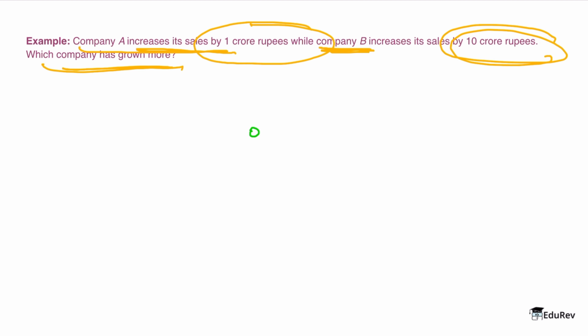If you have actually stopped the video and thought, then you will realize that maybe the data isn't enough. The reason is that from what 1 crore has the company increased its sales? Is it from 50,000 or from 90,000?